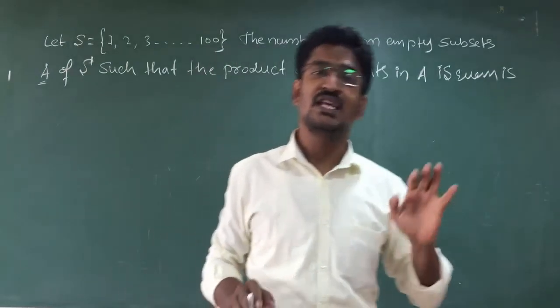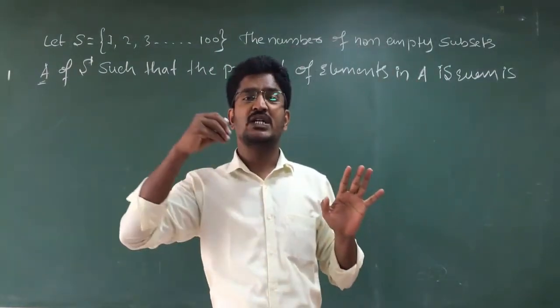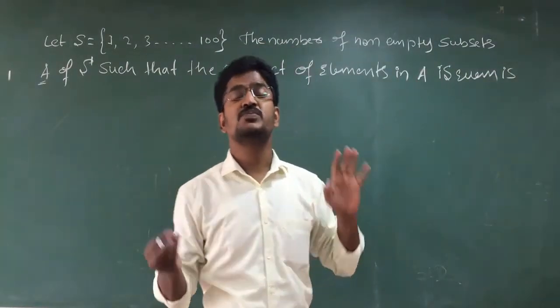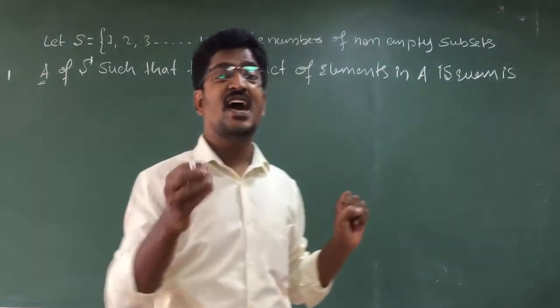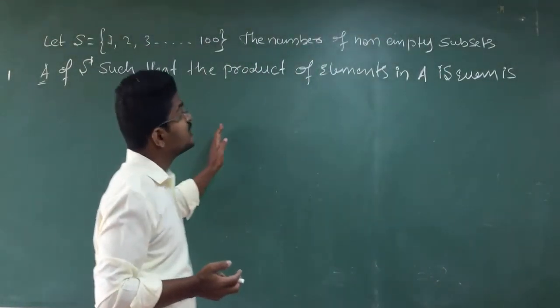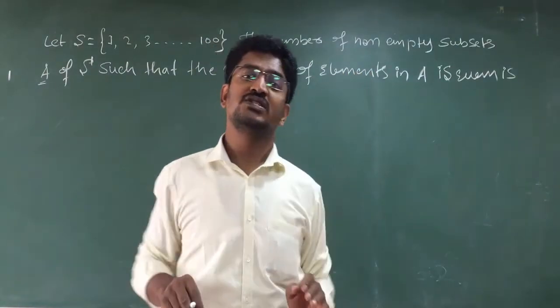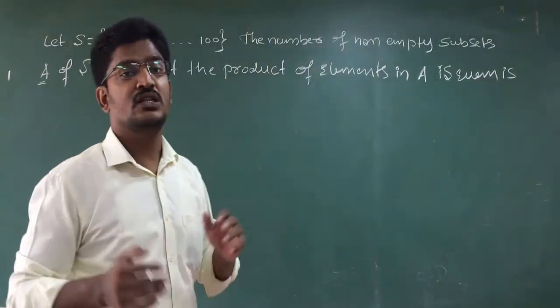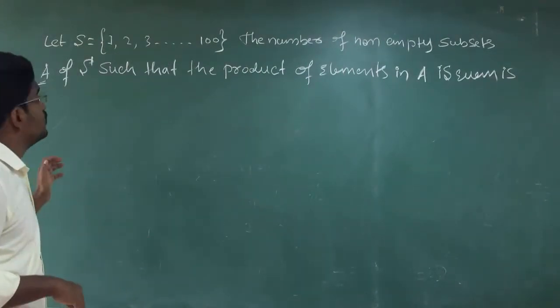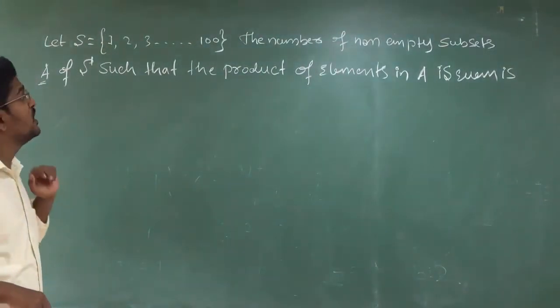Are you getting my point? There is a set S. They are going to collect the number of non-empty subsets of that set S, and they are calculating the product of elements in A, which is even. I think you got the problem. Clear? If you don't understand the problem, I will explain once again. Listen here.